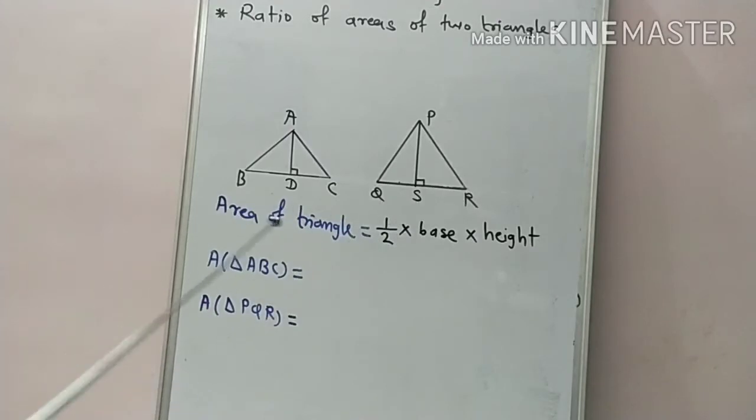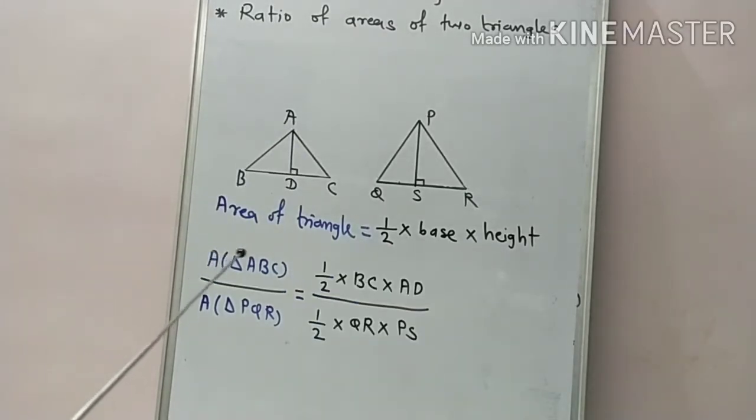So for triangle ABC, the area is half into BC into AD, and for triangle PQR, the area is half into QR into PS.